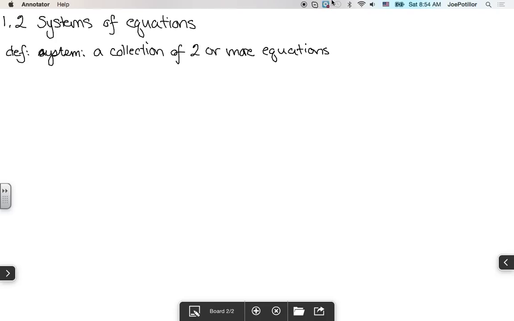Okay, the simple one to work with. Two or more equations, right? So you can have 3, you can have 4, you can have 10 for all I care. The system of two or more equations.